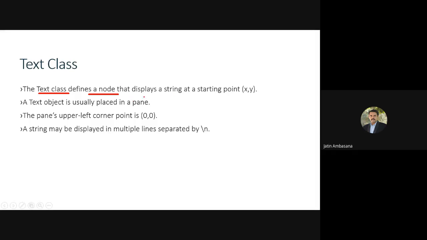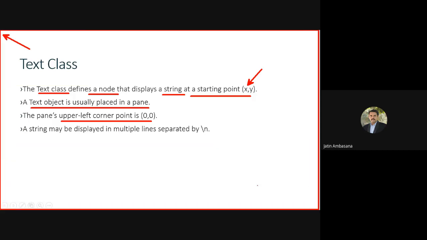So the Text class defines a node that displays a string at a starting point of x and y, at a location x, y. The text object is usually placed inside a pane. And the pane's upper left corner is 0, 0. So this particular corner is 0, 0. So a string may be displayed in multiple lines separated by a new line.